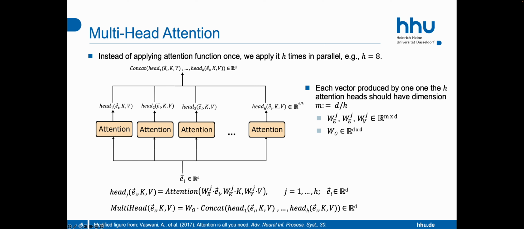And if we then concatenate those h vectors of dimension m in the step below, we get a vector of dimension d again. And if we multiply this vector then again by a d times d matrix WO, we finally get a vector of dimension d, which is what we wanted.